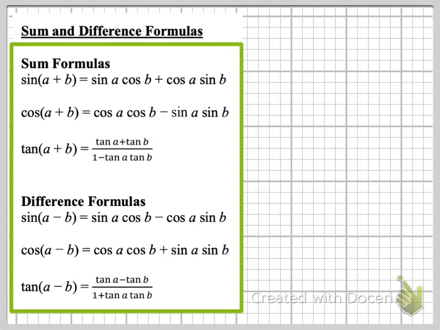You'll see that in example 1. It allows you to find the exact value of some of these sine or cosine values without having to always just plug it in the calculator.